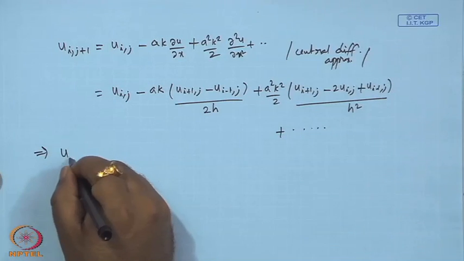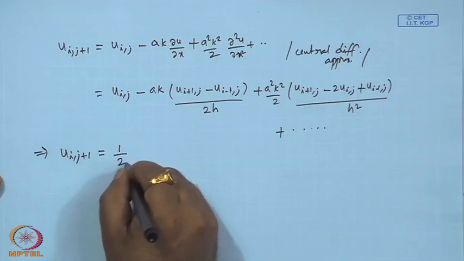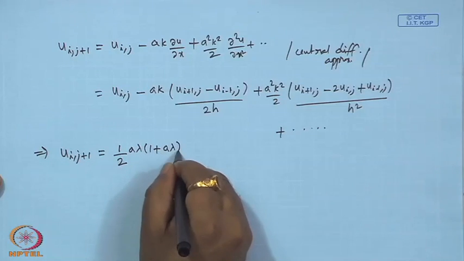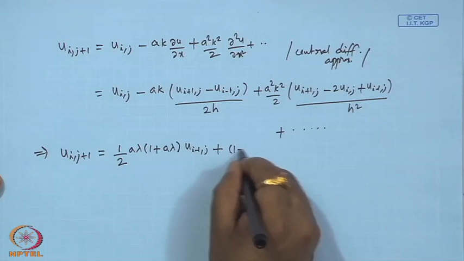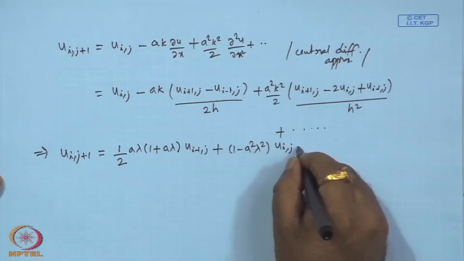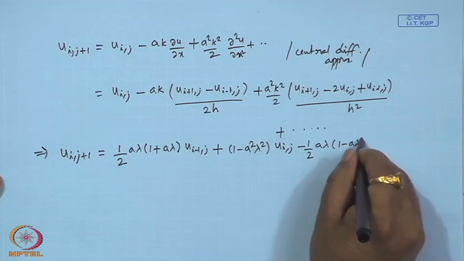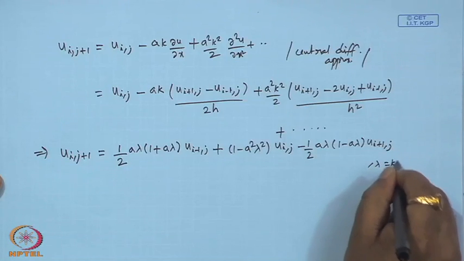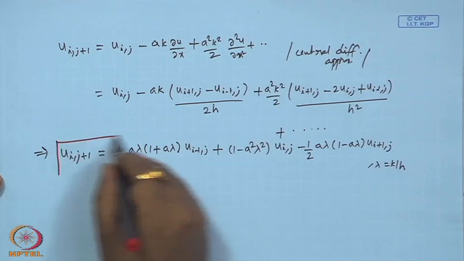So, this implies, so we can adjust, so this is our Lax-Wendroff explicit method.